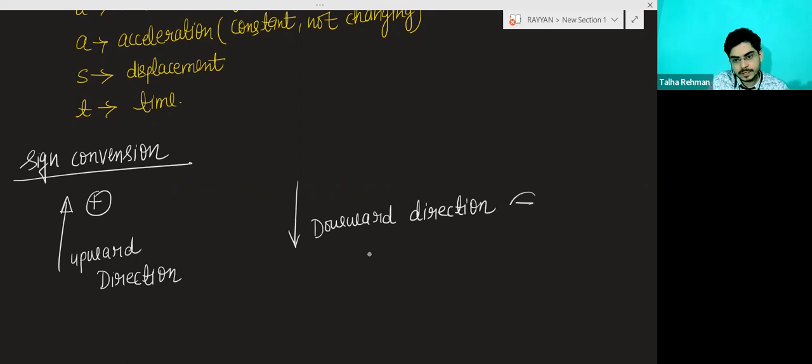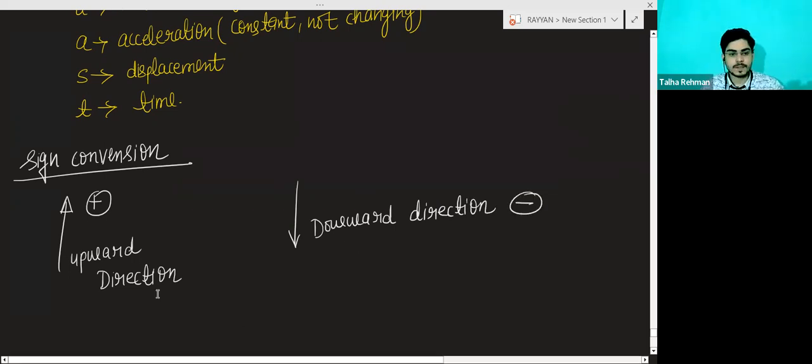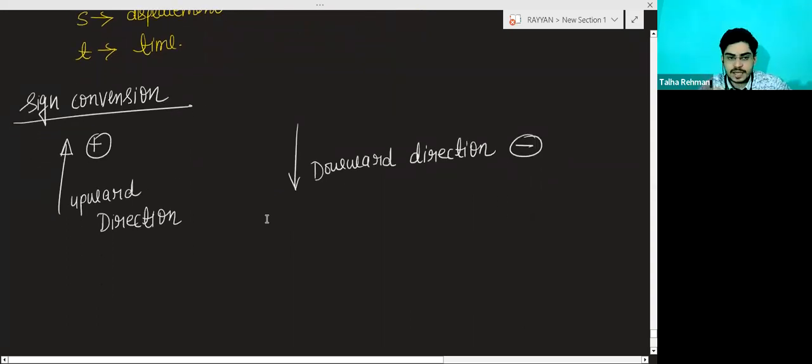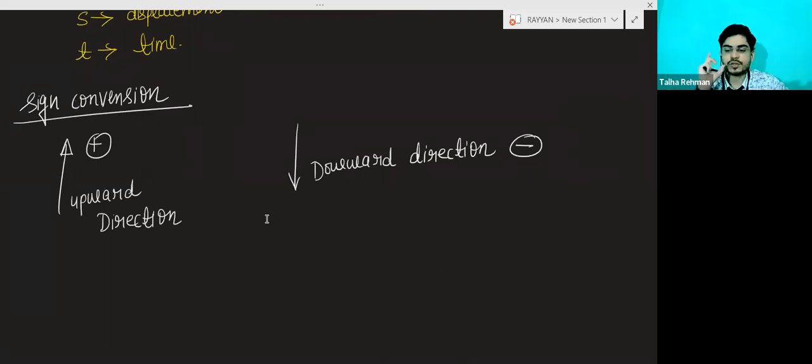If the velocity is in the upward direction, that velocity you will take positive. If the velocity is in the downward direction, that velocity will be negative. If the displacement is in the downward direction, that will be negative.